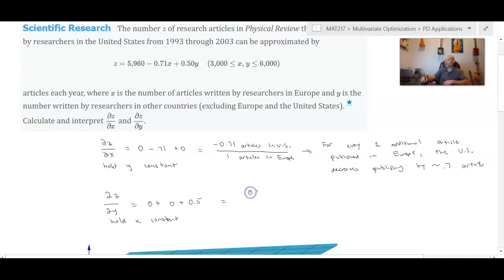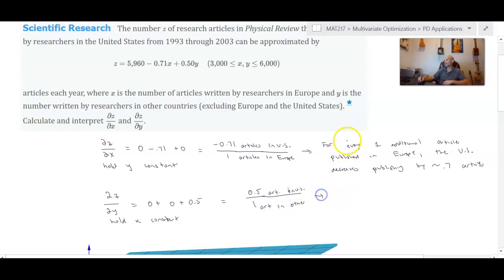And so we get 0.5 over 1. So once again, the output z is the change in articles in US, I'll just say articles in US to abbreviate it, per one article in other countries. I'll just say in other.